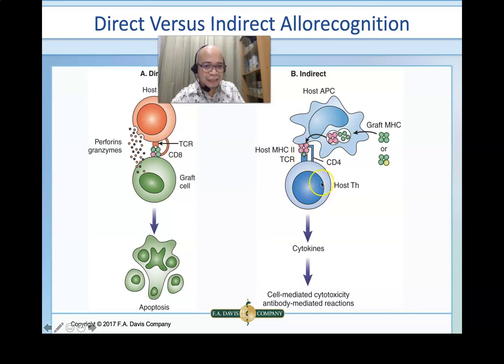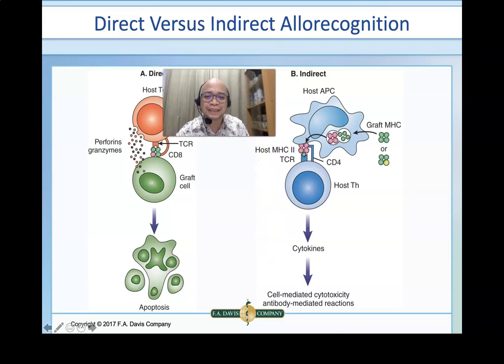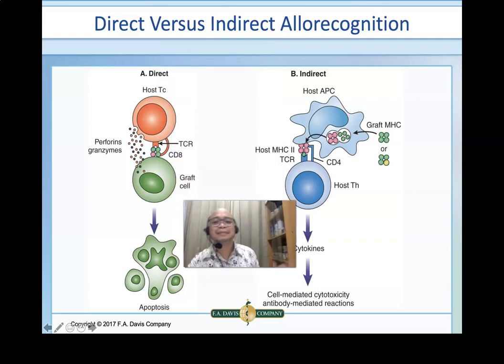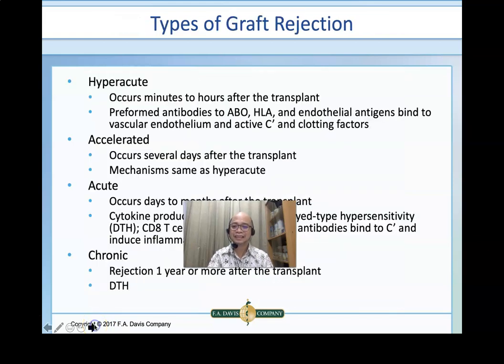Then the T helper cell has a TCR, and it will recognize the MHC class 2 through CD4. So eventually the T helper cell will produce cytokines, and these cytokines will also destroy the newly transplanted organ. Wow. So that's why it's very important that the percent similarity between the donor and the recipient is very high, so that we minimize the possibility of graft rejection.